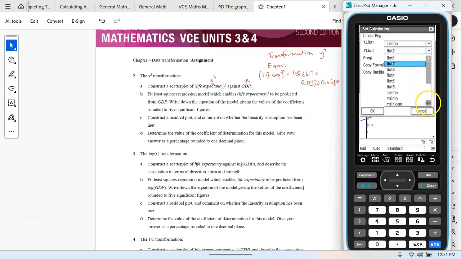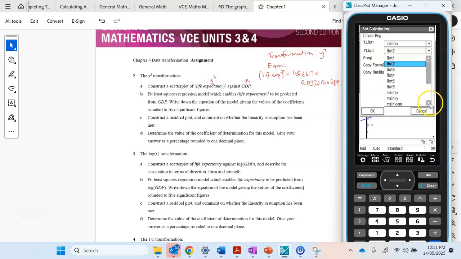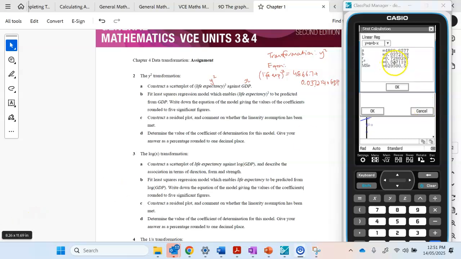Sorry guys, sometimes when I have my computer folded over, it doesn't like me using my laptop. All right, so my R squared value, you can see we're going to do it in part D. So when you've got this screen up, it's probably a good idea to write it all down as well.